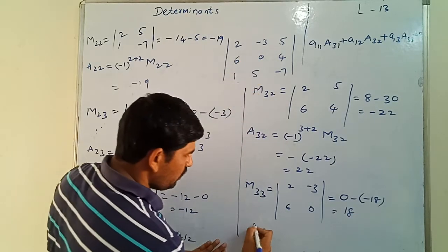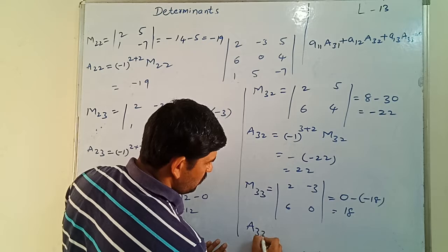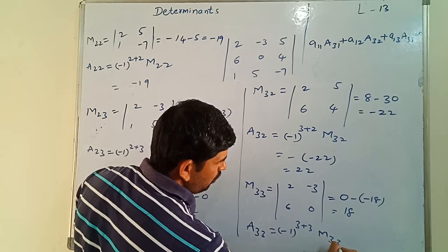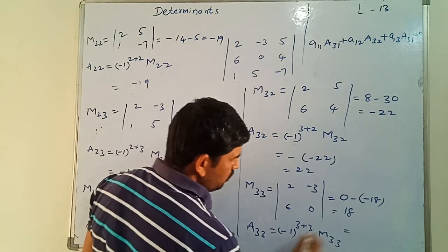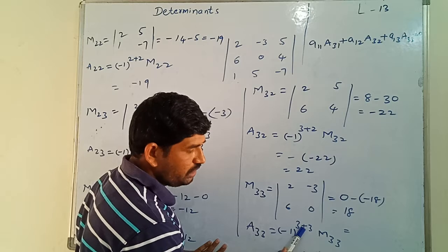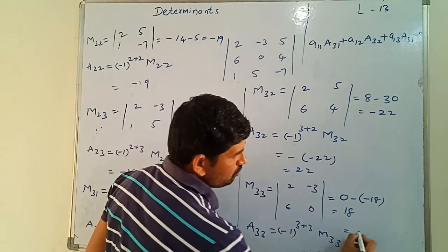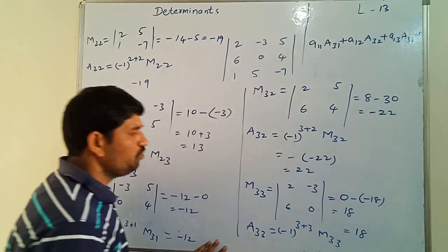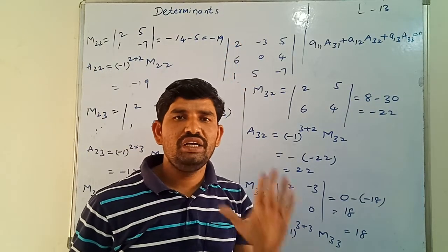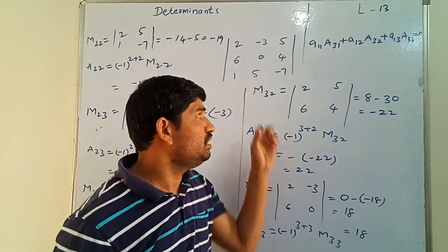Now the cofactor for this is a33 equal to minus 1 whole power 3 plus 3 into m33. Yes or no? Minus 1 whole power 3 plus 3 is 6, an even number, positive. So it is again 18. Observe here, we have completed the minor and cofactor for the given determinant.